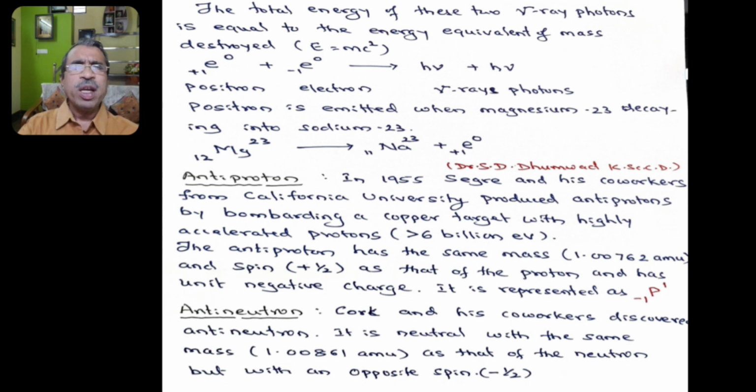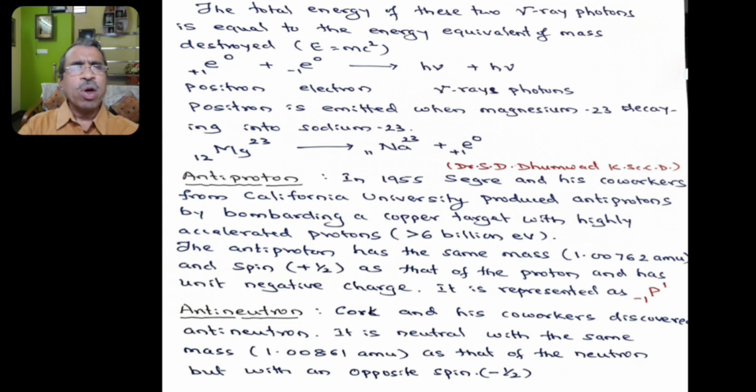Similarly, let us study about the anti-proton. In 1955, Segre and his co-workers from California University produced anti-protons by bombarding a copper target with highly accelerated protons, with energy greater than 6 billion electron volts.